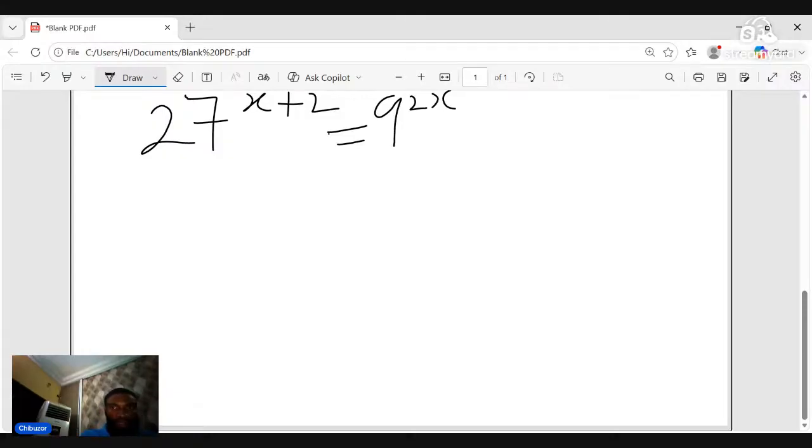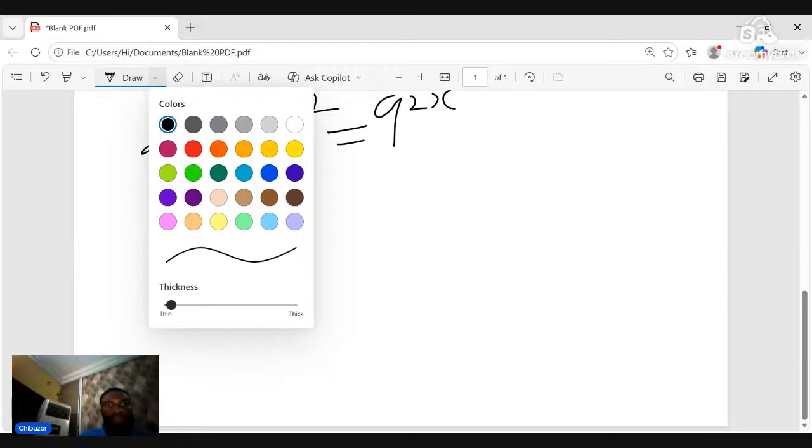So let's attempt this and see who will get the answer. Find x.